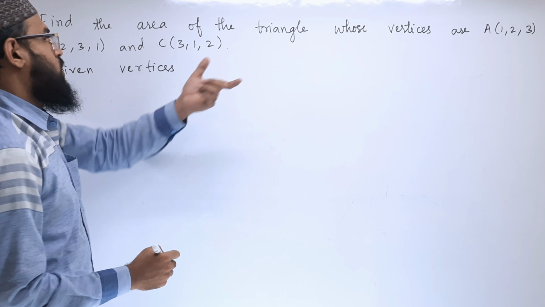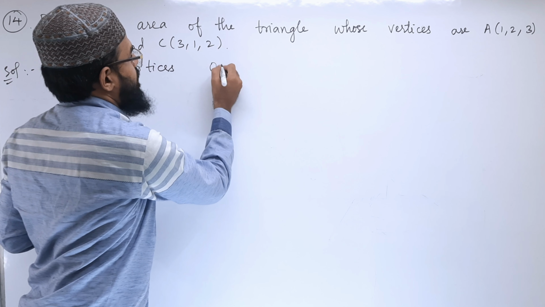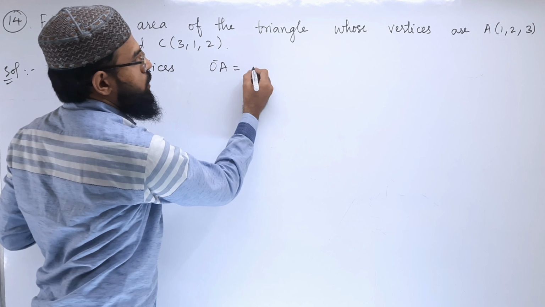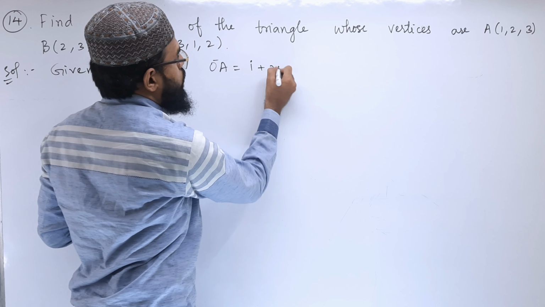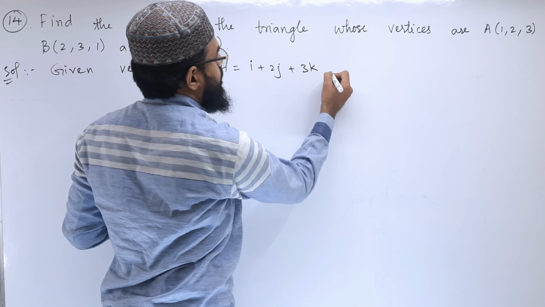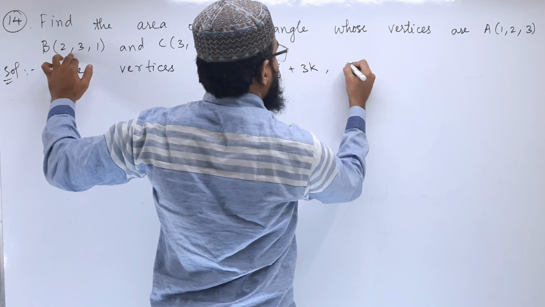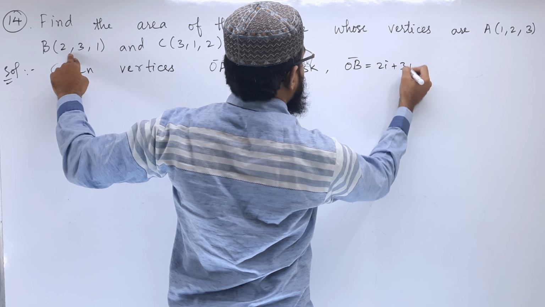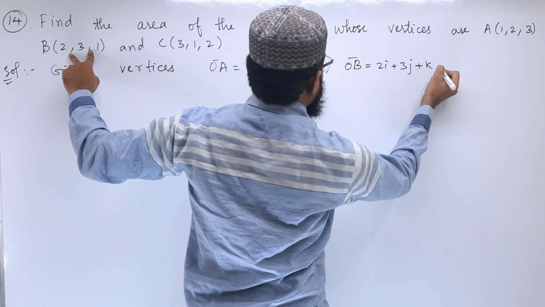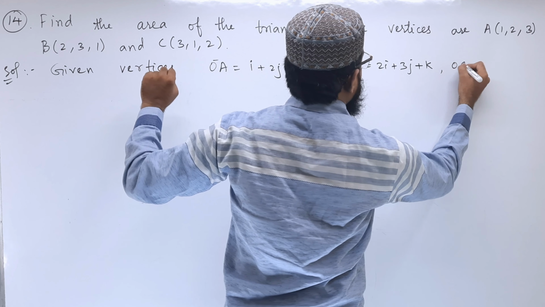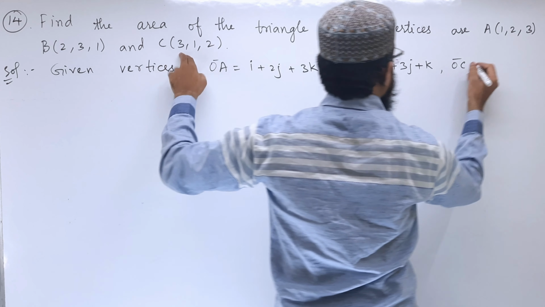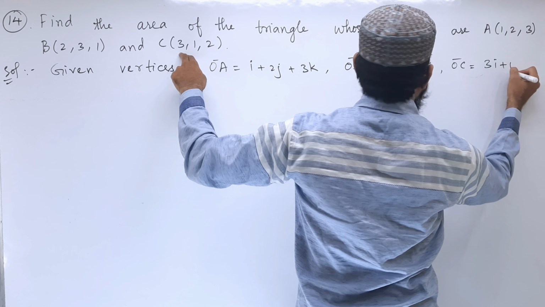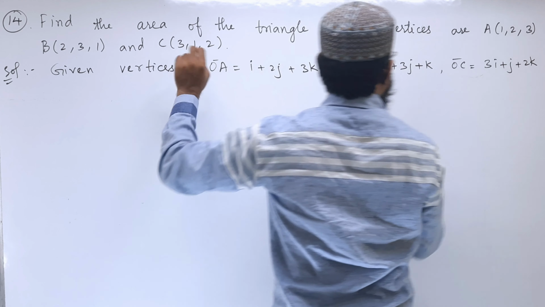So we will write these vertices as the position vectors: OA is equal to i plus 2j plus 3k, OB is equal to 2i plus 3j plus k, and OC is equal to 3i plus j plus 2k.